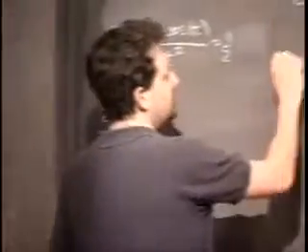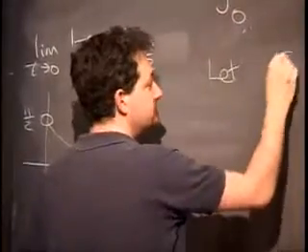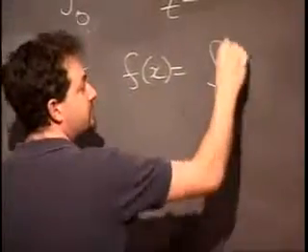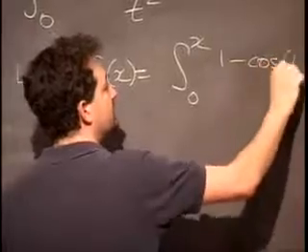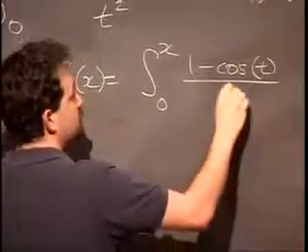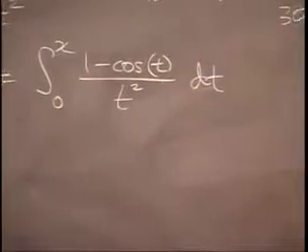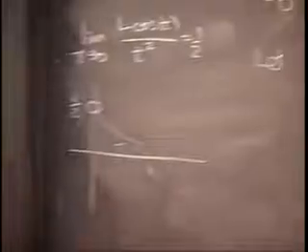Let the top endpoint be variable. Here is the function I'm going to use. The integral from 0 to x of 1 minus cosine t over t squared. Okay, I said no one is going to choose the function.